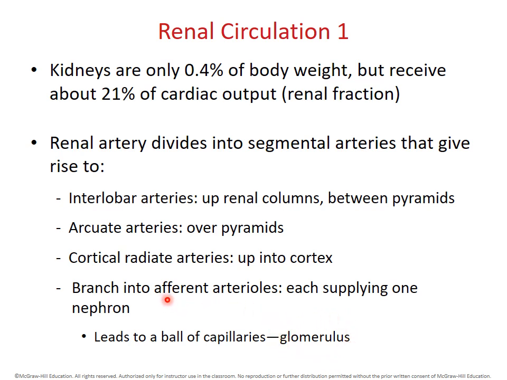And so each afferent arteriole will supply blood to a capillary bed known as a glomerulus. Glomeruli, which is plural, are interesting capillaries. They're actually spherical, little ball-shaped capillary beds. And in fact, the word glomerulus means little ball of yarn, which is what the early anatomists thought it looked like when they glimpsed it under a microscope.